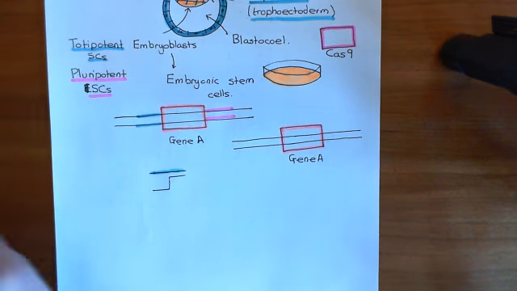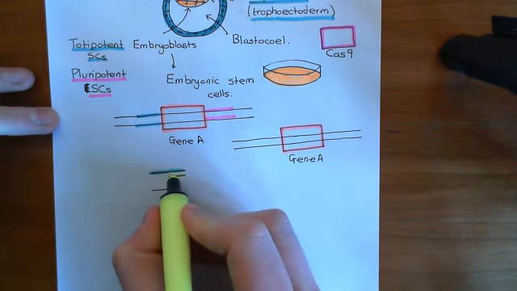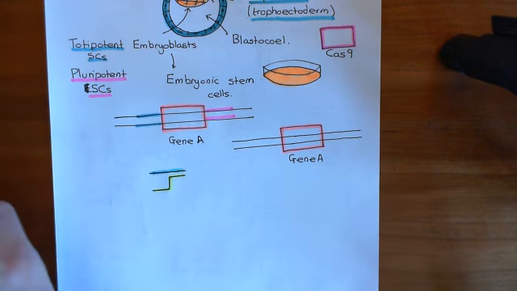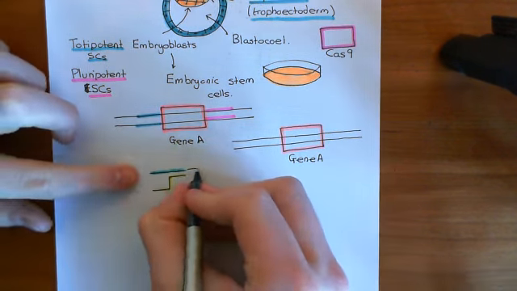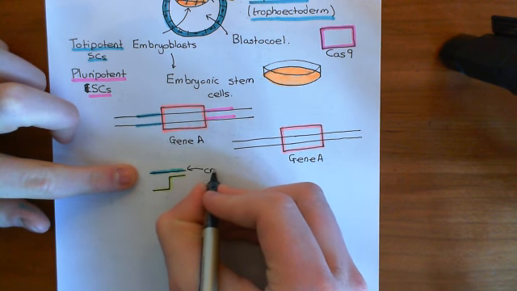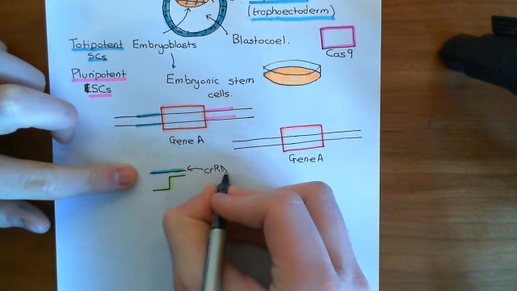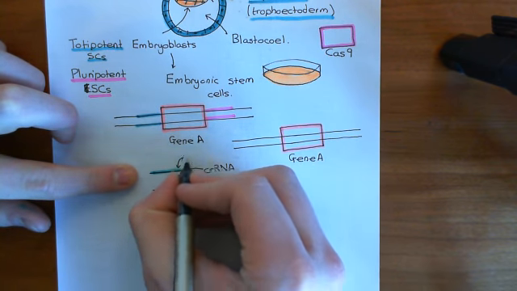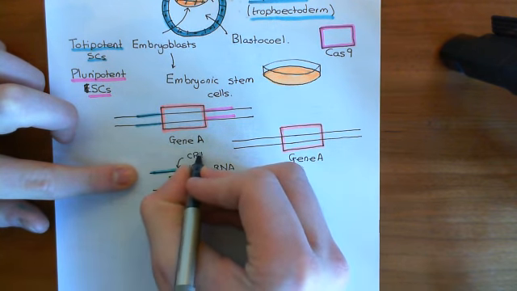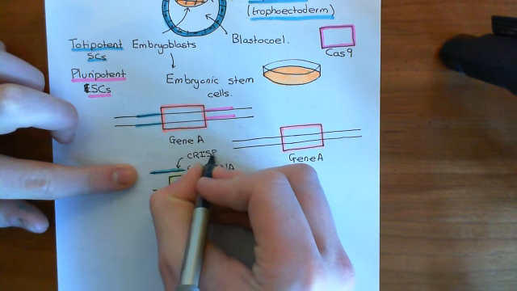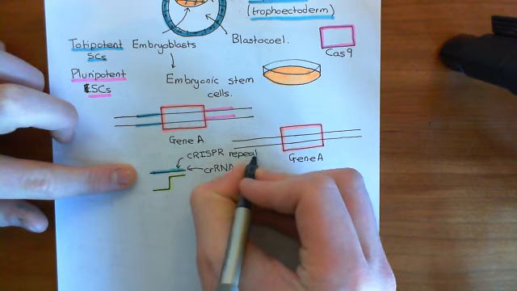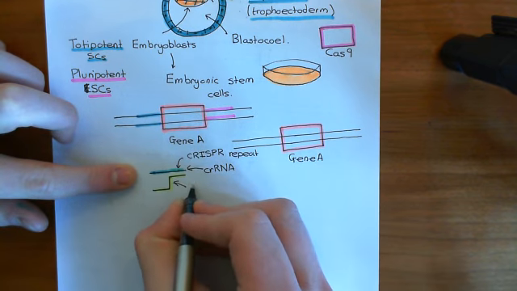So what we can do is incubate our embryonic stem cells with this piece of CRISPR RNA, this crRNA, which we have designed. Firstly, it has to have the CRISPR repeat so that it will bind to the tracer RNA, or the transactivating CRISPR RNA here.